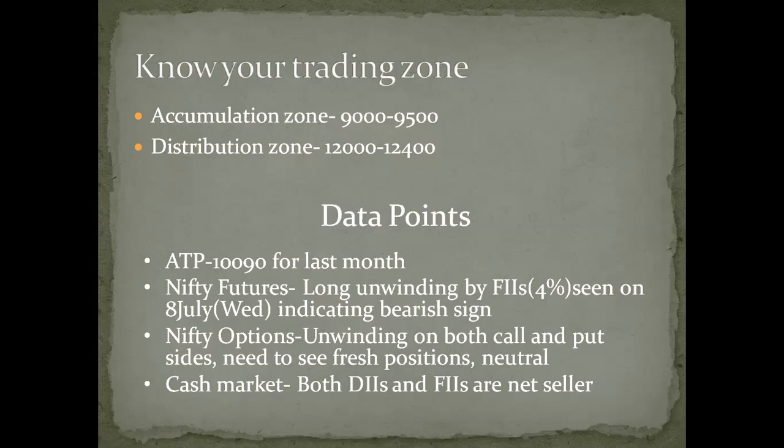I was expecting some call writing to happen, but I didn't see any. So Nifty options is kind of neutral right now, and in the cash market we are seeing both DIIs and FIIs are net sellers. This is again a very important point to be looked at. Both DIIs and FIIs are net sellers currently in the market, and you don't want to come at a point where people have already started selling.